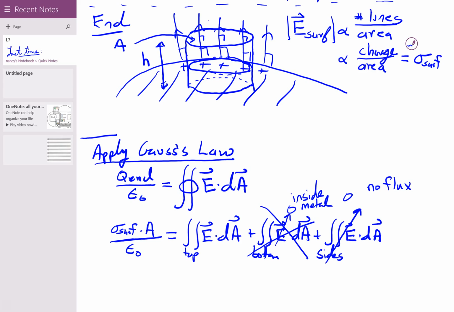The other way to think about it is that the normal to the surface is horizontal, whereas the field line is perpendicular to it. So those are at a right angle, and the dot product has a cosine, and the cosine of 90 degrees is going to give me 0. Either way, this term also vanishes, and I'm left to concentrate on the top surface.